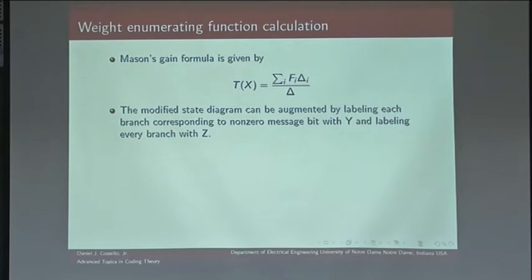So you'll get the correspondence between information weight and code weight, which again, as I said, is important. It turns out to be important in analyzing turbo codes, the performance of turbo codes. And if you label every branch with a z, then the z will keep track of the length of the code words, just how long they are.